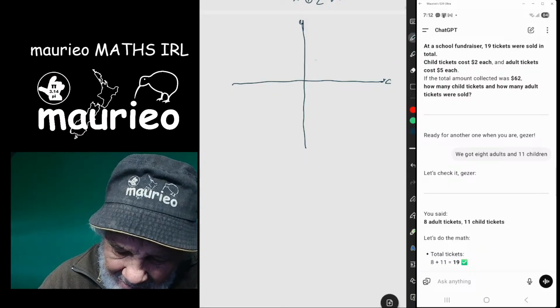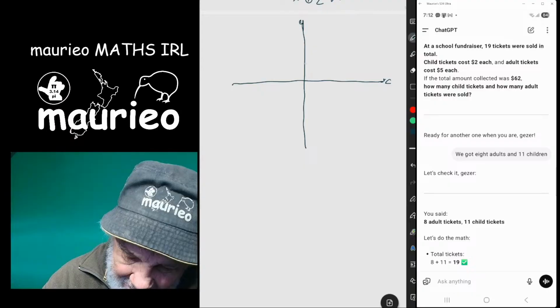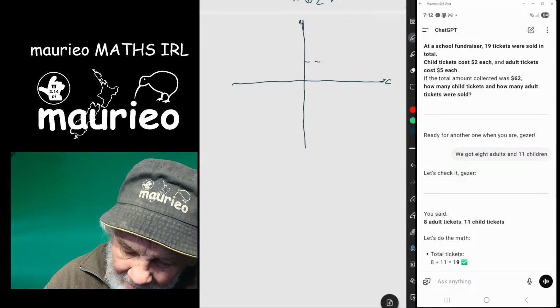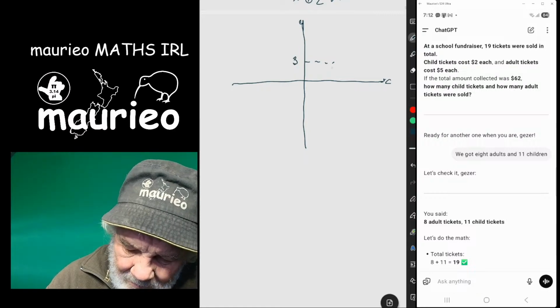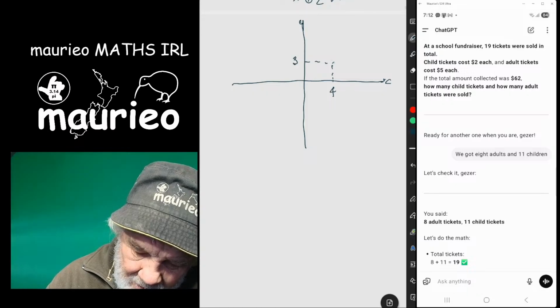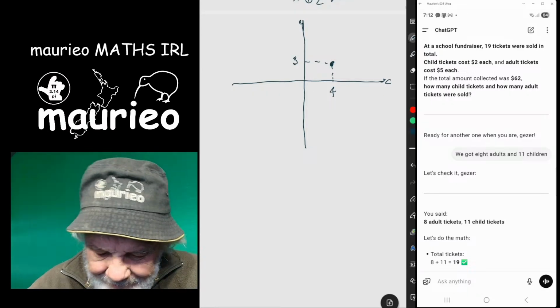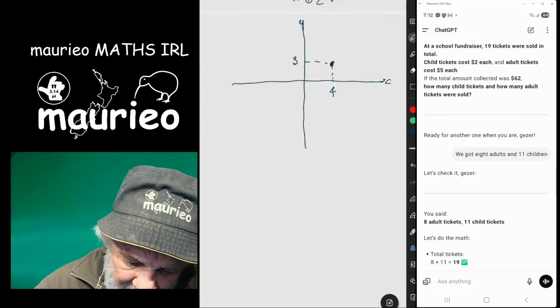So let's say I've got that point there, 3, 4. Okay. So that's my graph there.